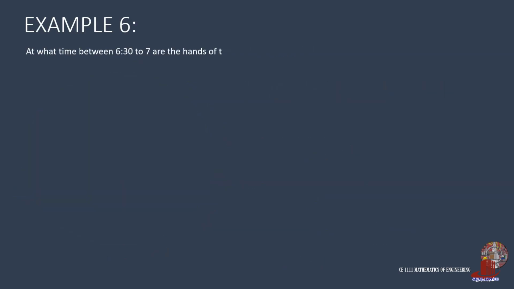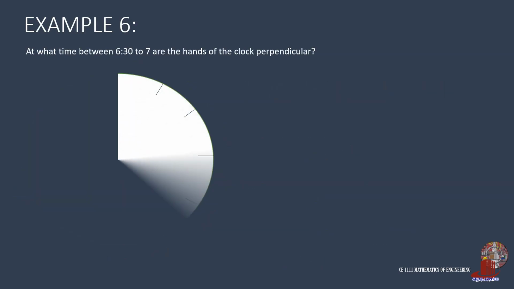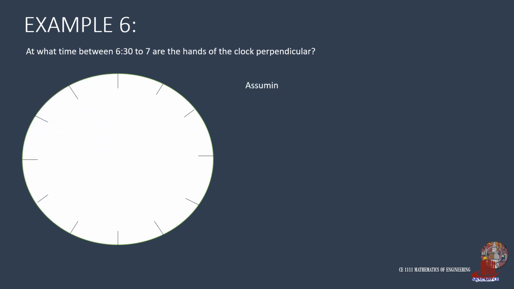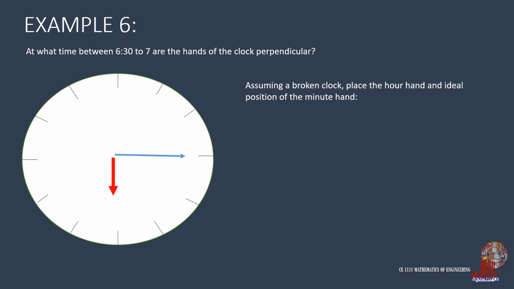Now let's check what happens when the time range is between 6:30 to 7. The hour hand is placed at 6, but placing the minute hand at 15 minutes violates the range. So the minute hand is located pointing 45 minutes to keep it perpendicular.